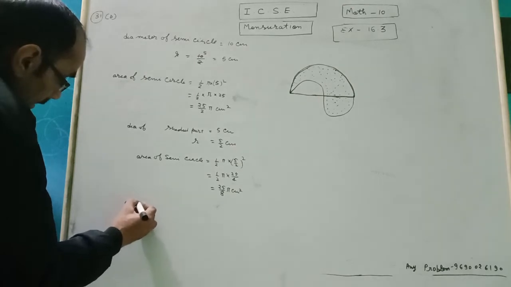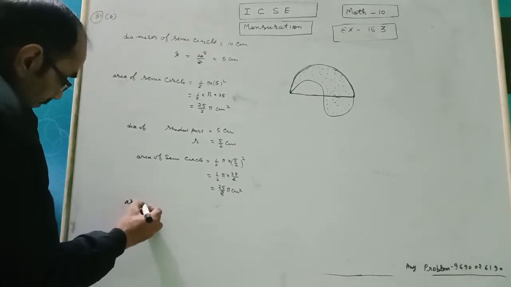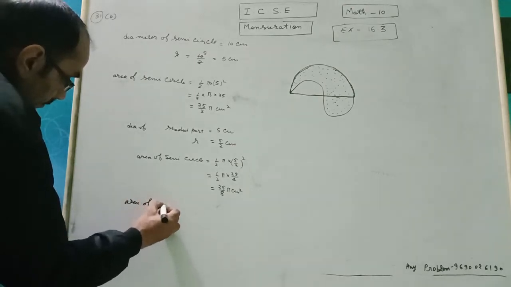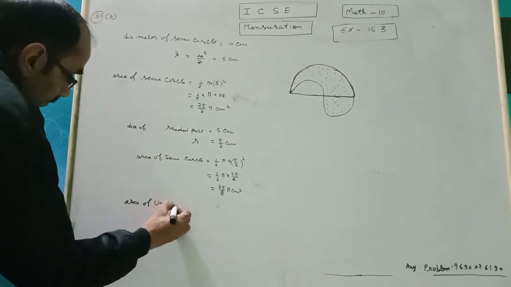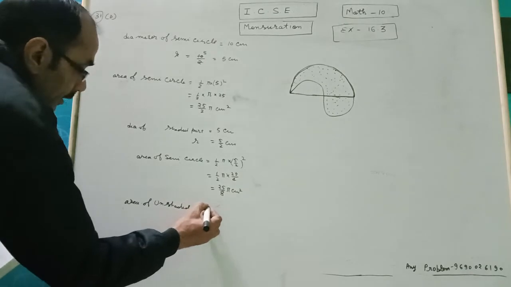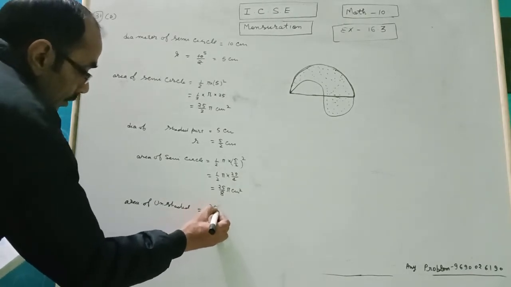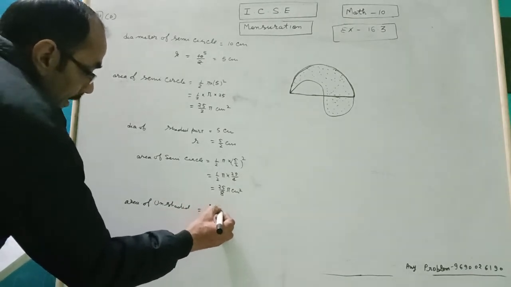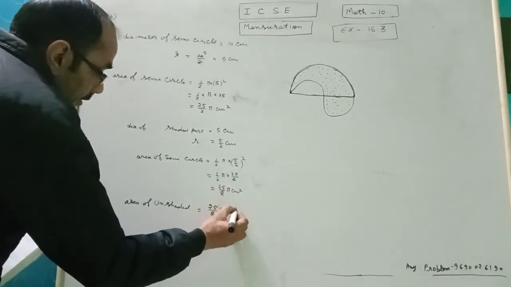Area of the unshaded part will be 25 upon 8 pi cm square.